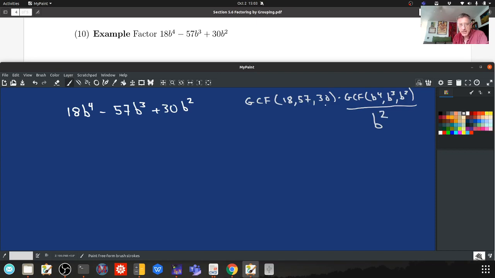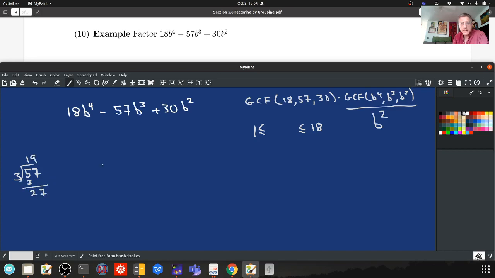18, 57, and 30. Well, 18 doesn't divide 30, so I know it's going to be greater than or equal to 1 and less than or equal to 18. Well, 18 is 3 times 6, and 3 divides 30. Does 3 divide 57? It sure does.